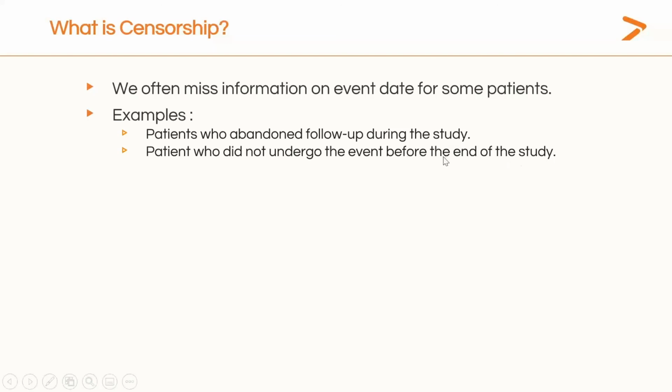If we're studying time to death and some patients did not pass away before the end of the study, we do not really know the time until their death. This is what we call right censored data. We know that the patients survived until a certain time, but we don't know what happened after, how much time they needed to undergo the event.